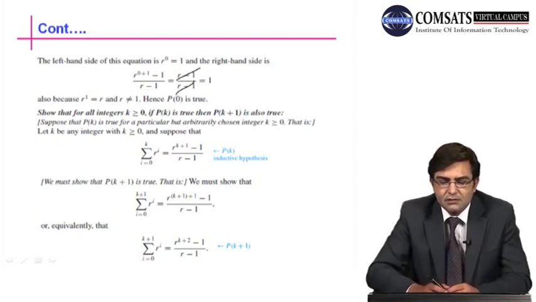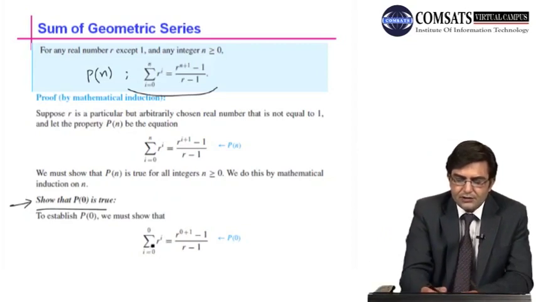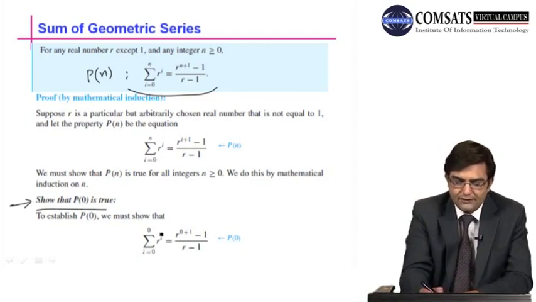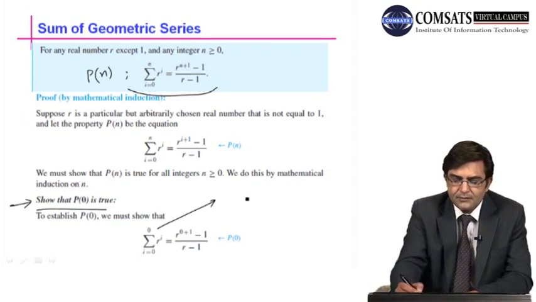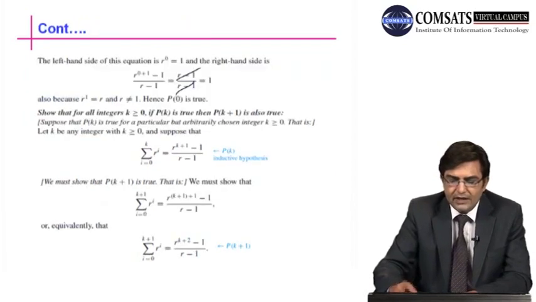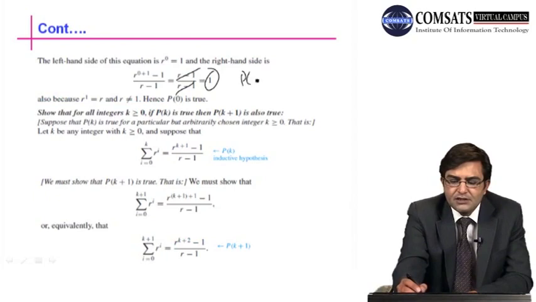This is the right hand side. The left hand side is i from 0 to 0, meaning there is only one integral value of i, which is 0. So the left hand side is r to the power 0, which is again 1. Here we have proved that the right hand side is 1, therefore P of 0 is true.